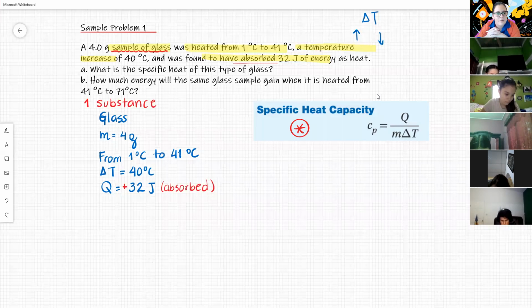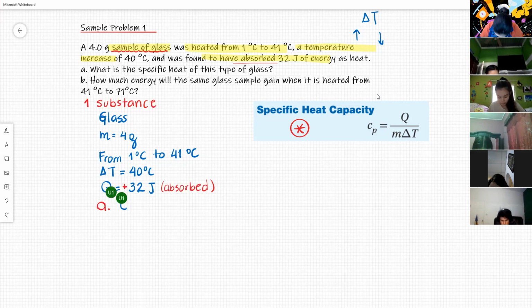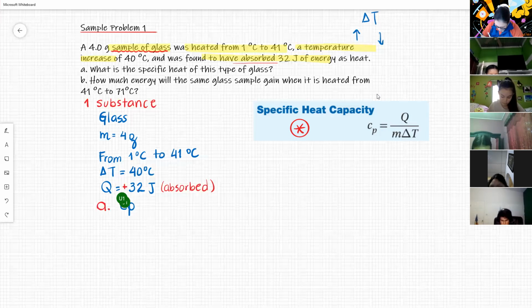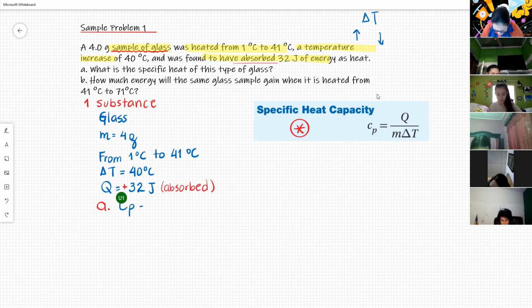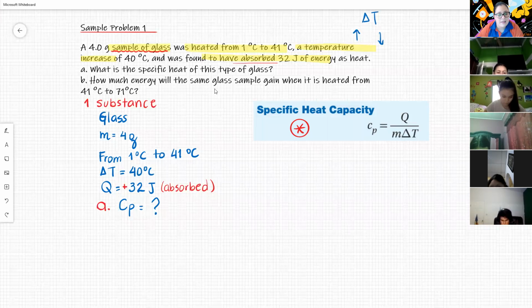Okay. Now, in part A, the problem asks you about the specific heat for this type of glass. The specific heat is written like Cp, okay? C sub P, it is unknown. That's what you have to find in A. And then part B tells you how much energy will the same glass sample gain.